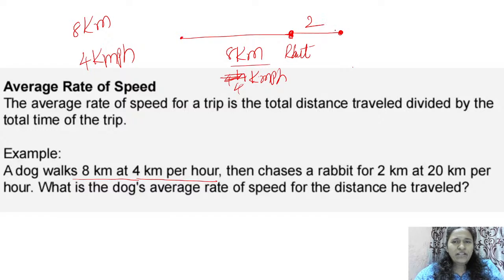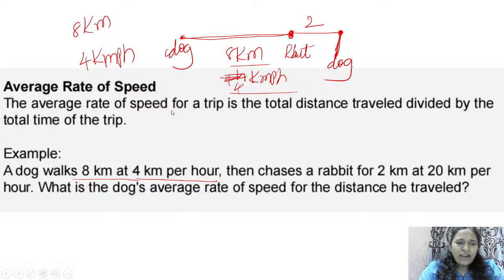Just 2 kilometers it chased. It traveled 8 kilometers at a speed of 4 kilometer per hour, and after those 8 kilometers it met the rabbit and is chasing the rabbit.